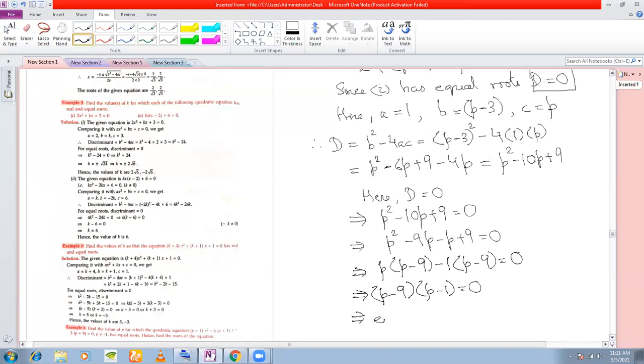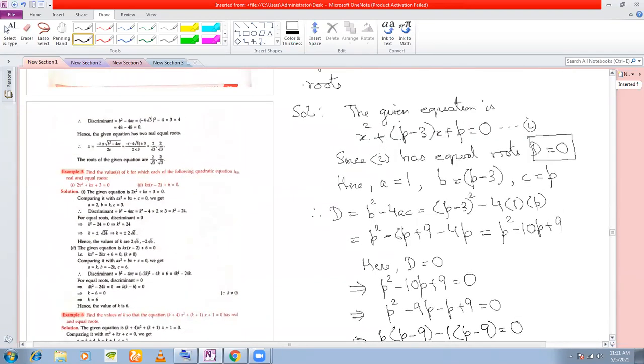That means either p is equal to 9 or p is equal to 1. So only when p is equal to 9 or p is equal to 1 will the resulting equation have equal roots. Otherwise, you cannot say. But definitely if p is equal to 9 or p is equal to 1, then you can say the equation will have equal roots.